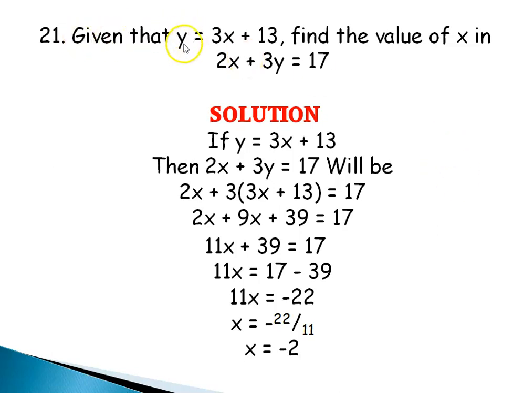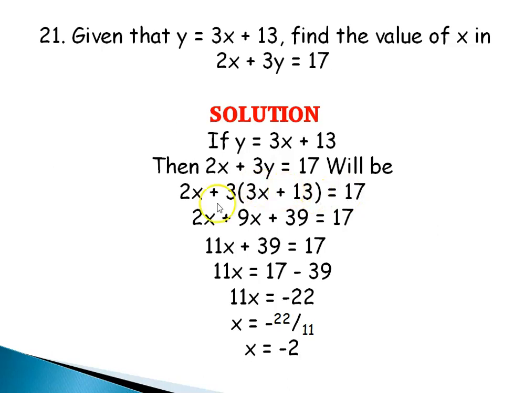Given that y is equal to 3x plus 13, find the value of x in 2x plus 3y is equal to 17. So what we want to do is to put this value of y into this equation and then get the value of x. If y is equal to 3x plus 13, then 2x plus 3y is equal to 17 will be 2x plus 3 (3x plus 13) is equal to 17.